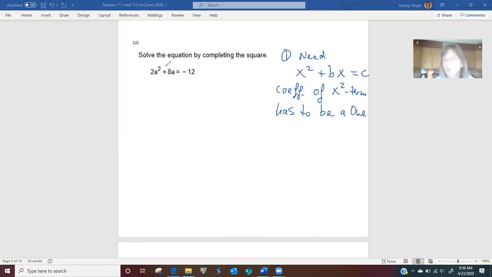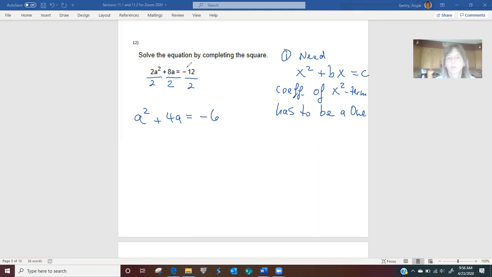Meaning you can't have a 2a squared, okay? So the first thing they'll say is get rid of that 2. How do you get rid of that 2? You divide by 2, and whatever you do to one, you do to all. So you have a squared plus 4a equals -6.